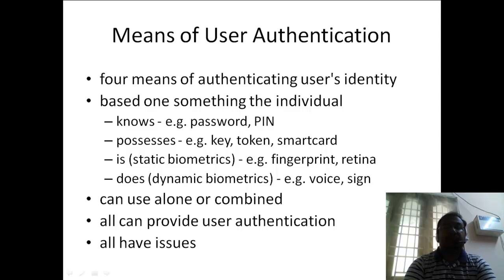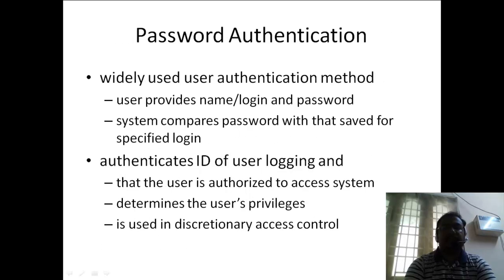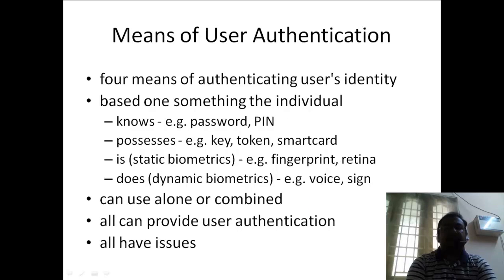And what the user does is like a voice or a signature. It might be a digital signature. All these four can work on their own, or they can work in combination. All these things provide user authentication, and all these things have some issues also. So we are going to see all these types of user authentication.